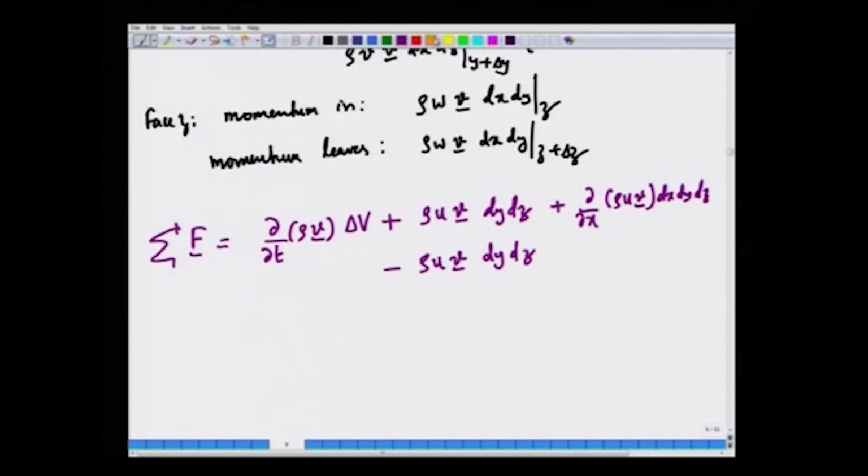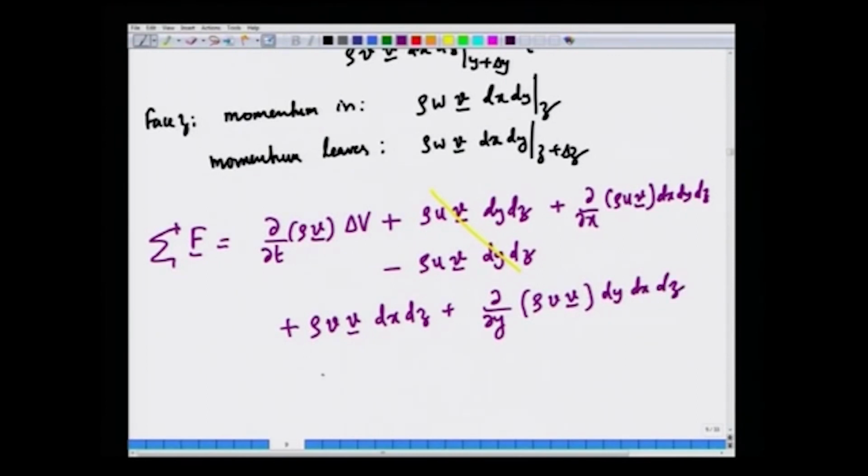These two terms are going to cancel out. Similarly, there are the other two faces, plus rho v v dx dz plus d dy of rho v v dy dx dz minus rho v v dx dz. These two terms are going to cancel out.